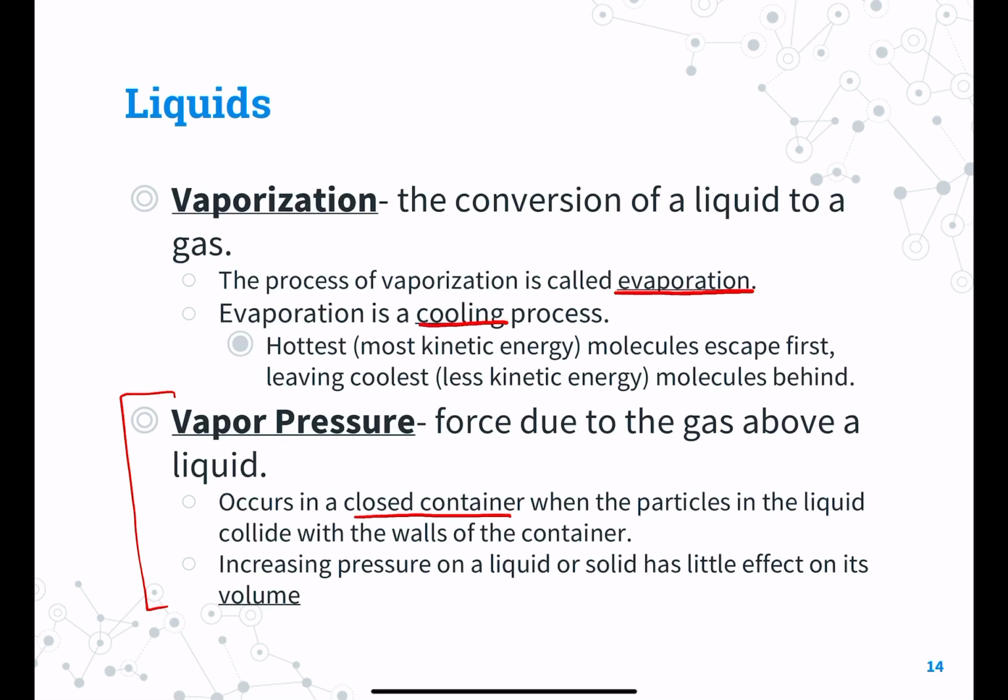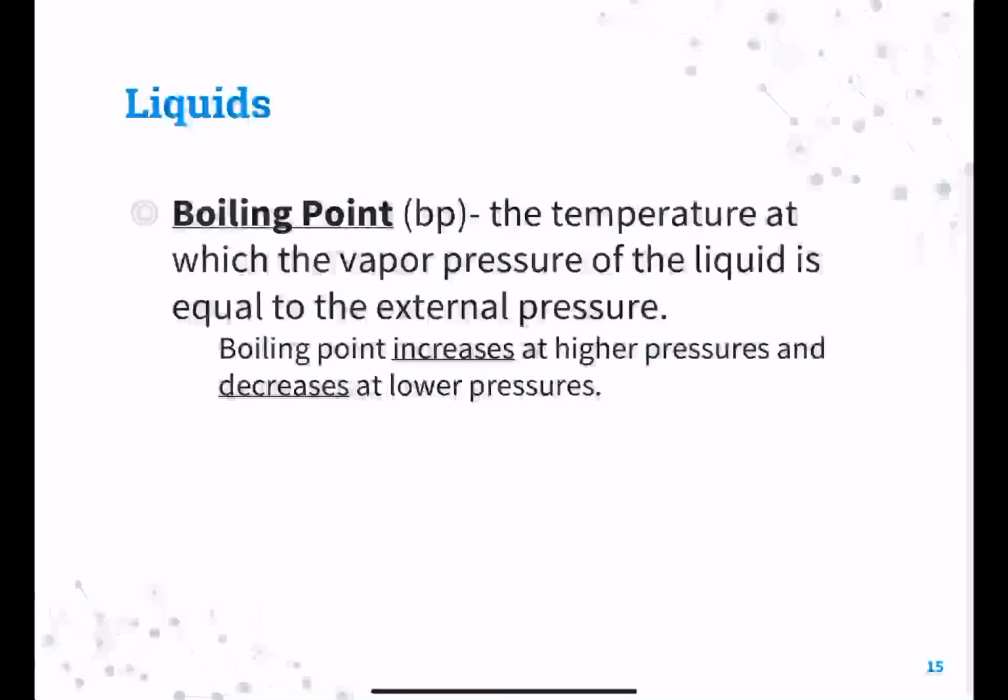When heat evaporates off the top of the water, like in the summer on the lake, it cools that top surface of the water. It's evaporative cooling. So the hottest particles, the ones with the most kinetic energy, are going to evaporate first, leaving the coolest particles with the least kinetic energy behind in the evaporative cooling process.